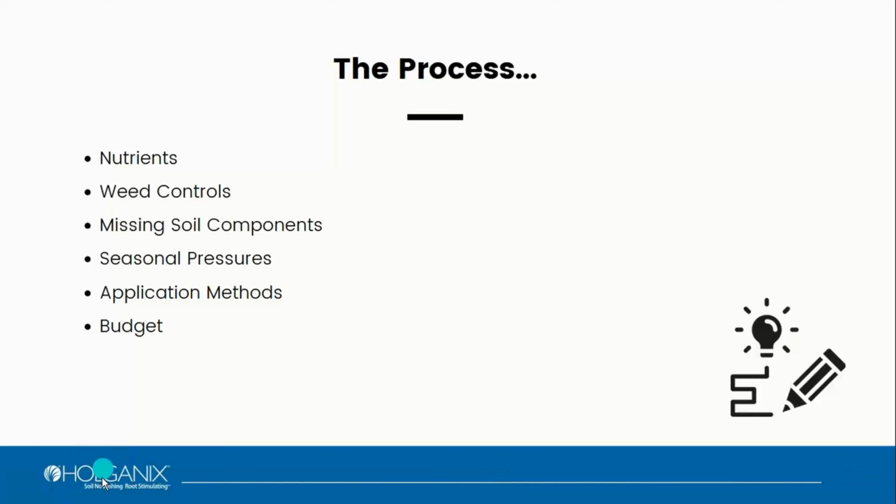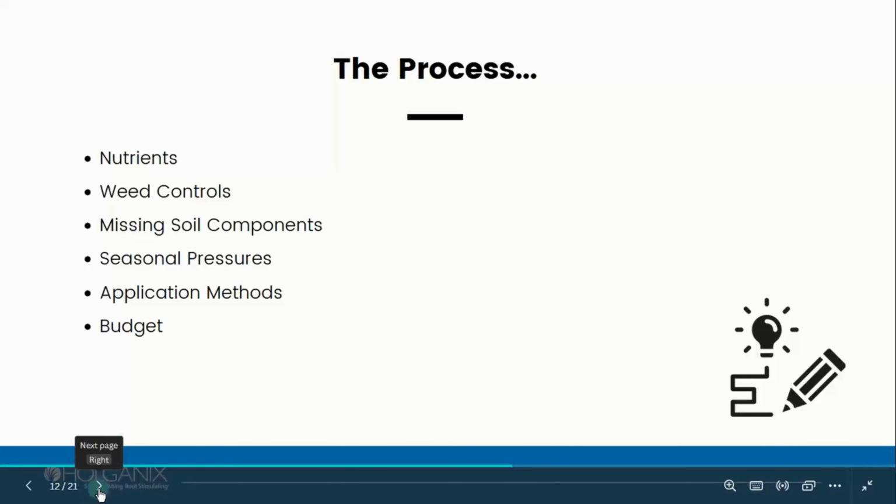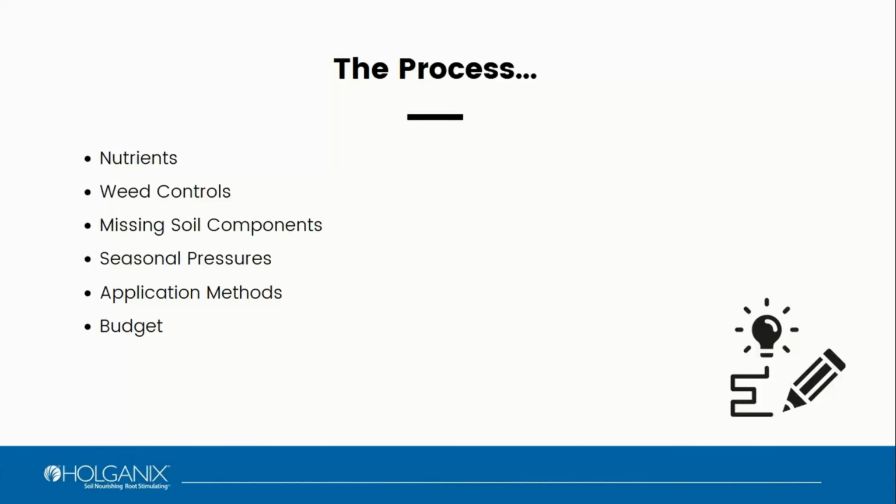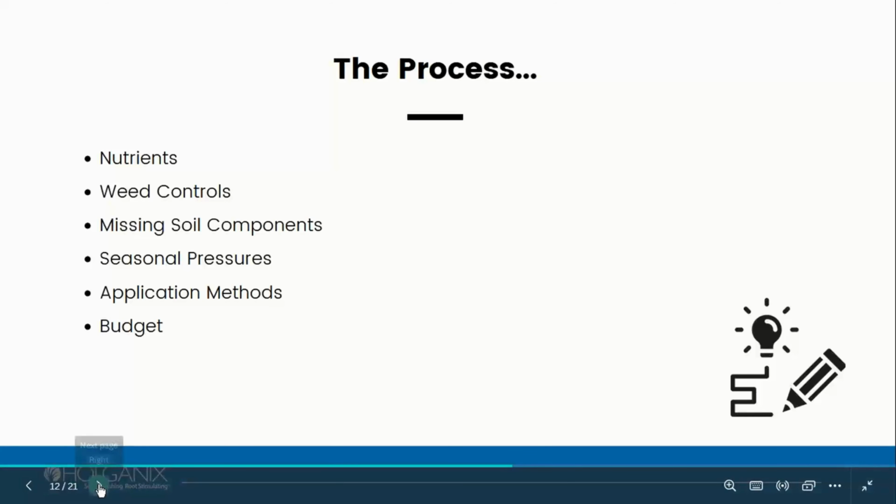And remember, you have multiple programs running at the same time. Just because you are combining them into applications, your nutrient program and your weed control program are really 2 separate things. They're running on 2 separate schedules. You're trying to overlap in an efficient way to make sure that everyone's getting what they need on their property, for example. So let's just jump right into nutrients, and we can hit the details of this.